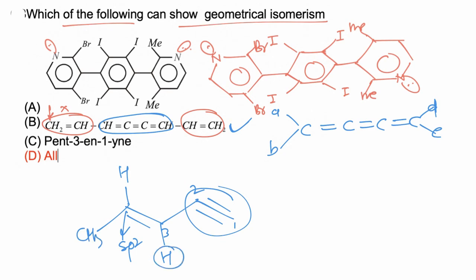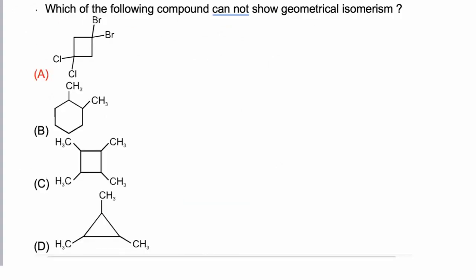So this molecule will show GI around this double bond. So in this question, geometrical isomerism is observed in all the given compounds, and hence the correct answer is D.